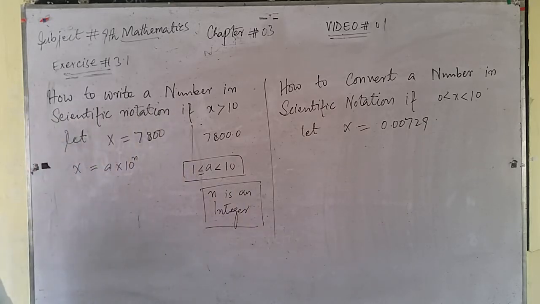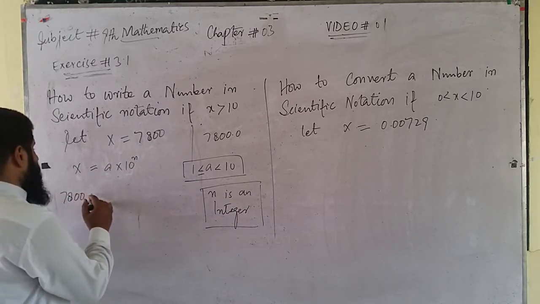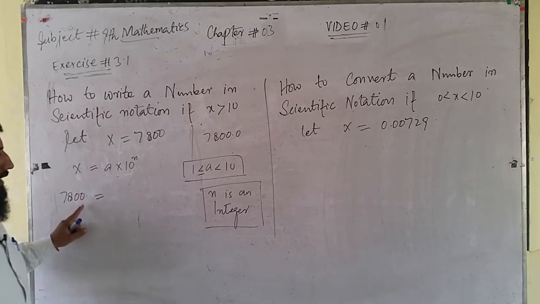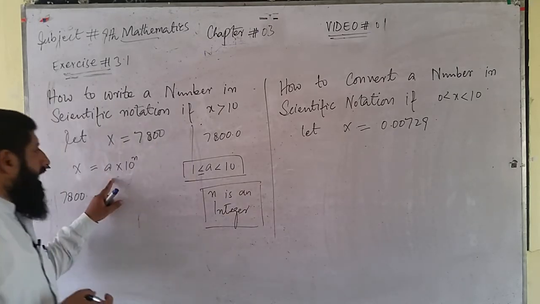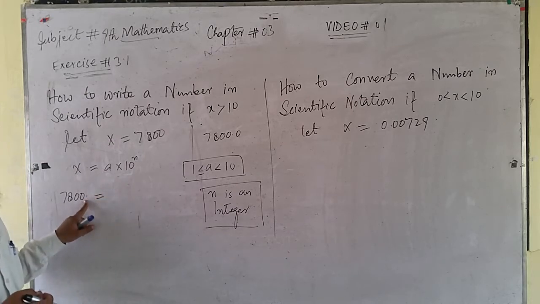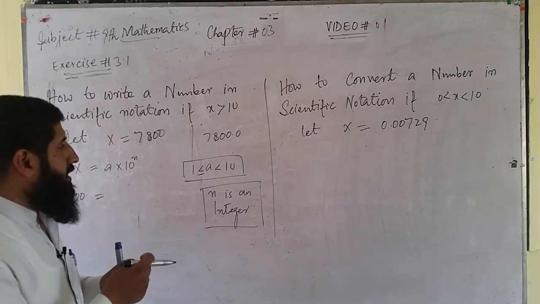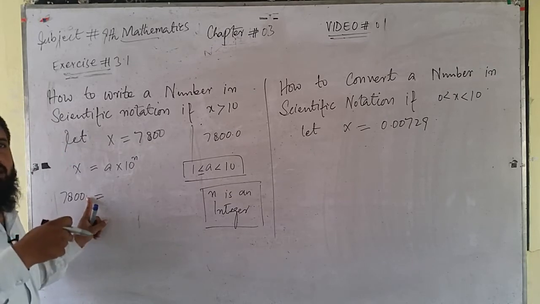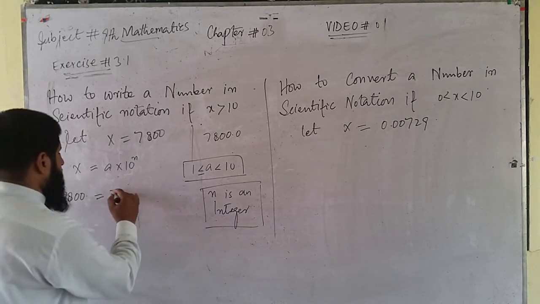Now let's start the conversion of such a number into this form. While converting 7800, first of all we know that the point lies at the end. We have to move that point and place it after the first non-zero digit, that is 7.